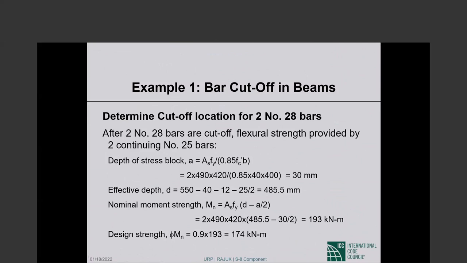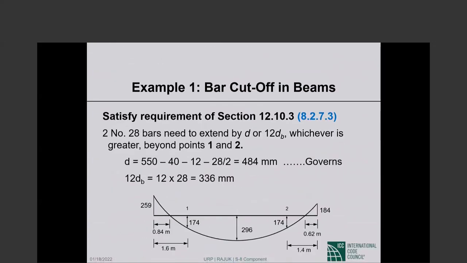So we calculate the stress block depth for the remaining two number 25 bars. That comes to 30 millimeters. Effective depth is 485.5 calculated value. Nominal moment strength comes out to 193 kilonewton meters. So design moment strength is 174 kilonewton meters.